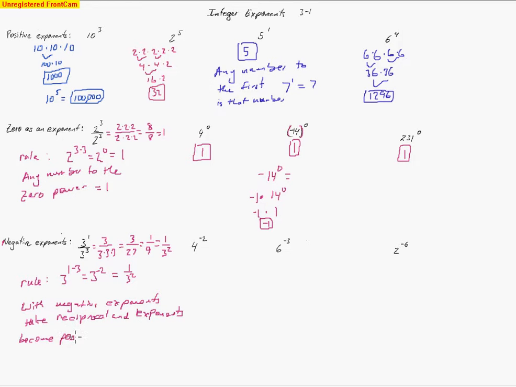So that's our rule that we end up seeing here. And so once we get to this stage, then we can just go ahead and multiply out those two 3's, and we end up with 1 over 9.